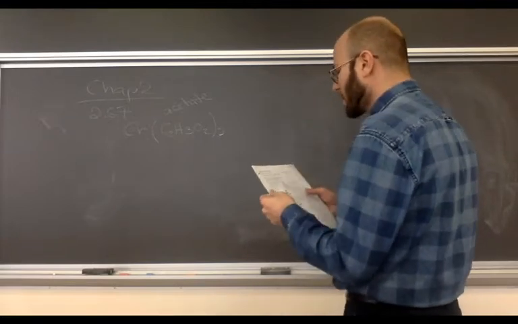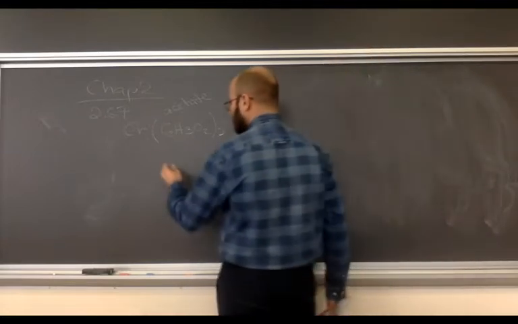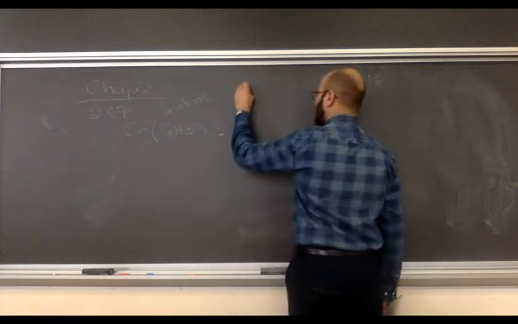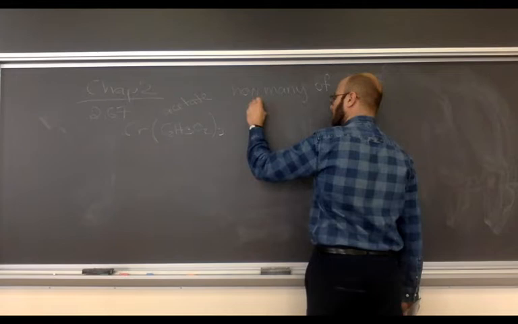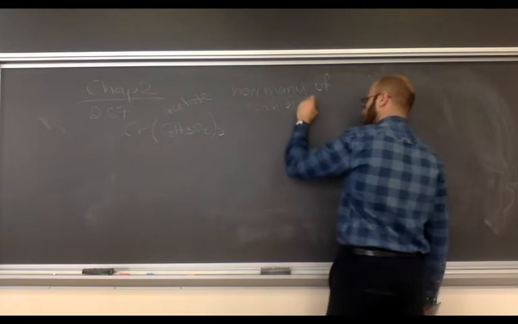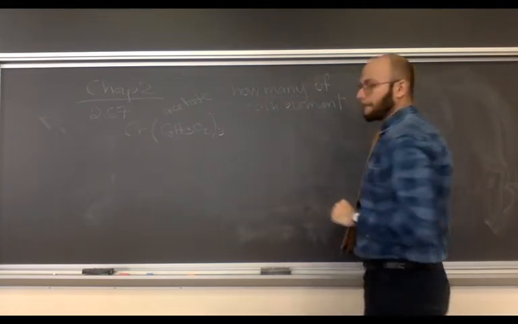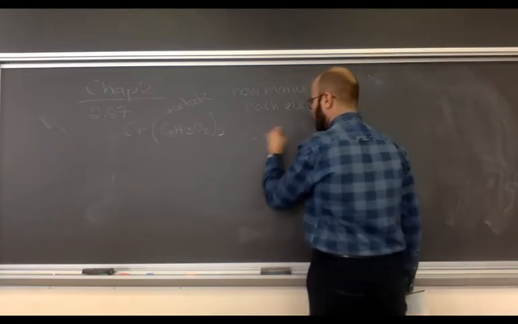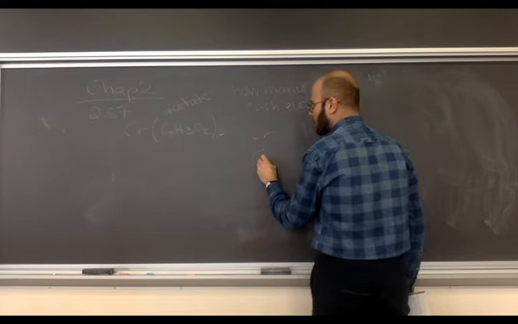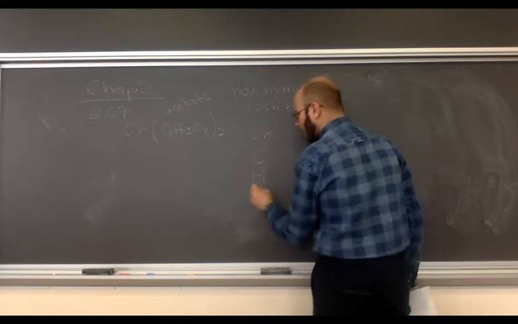And so we want to know how many of each element are in here. So the first thing I would do, let me write this out, is list how many of each element. We have our chromium, we have our carbon, we have our hydrogen, and we have our oxygen, right?